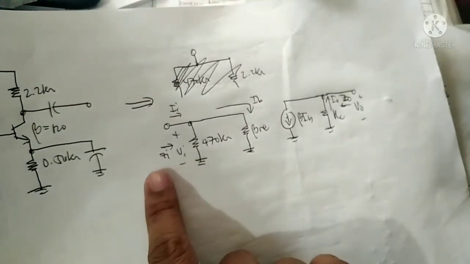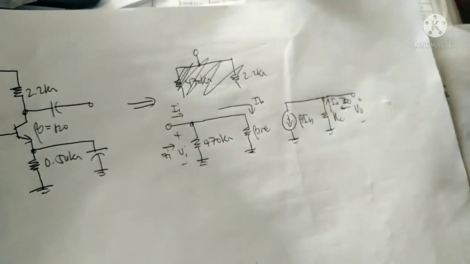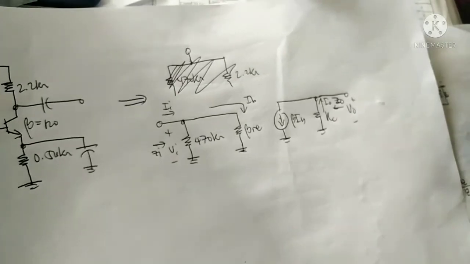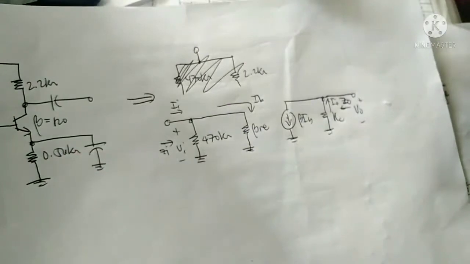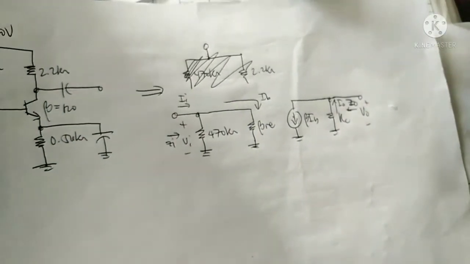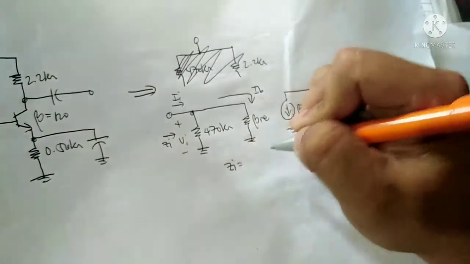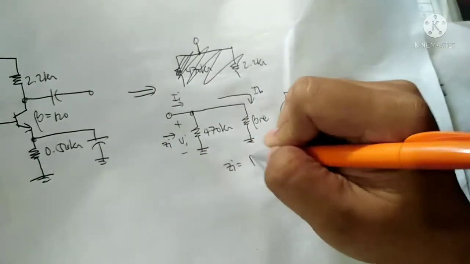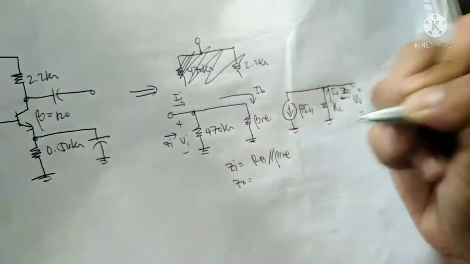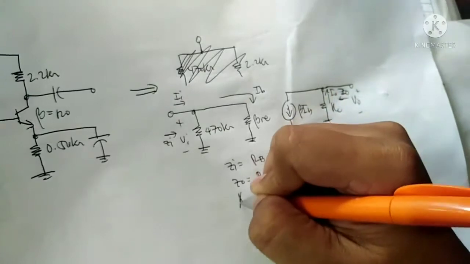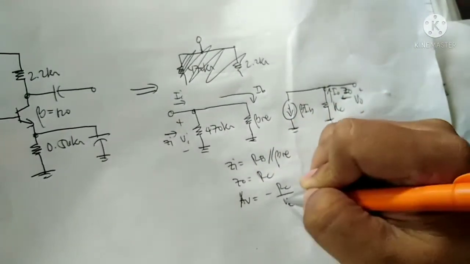So all of the formulas with the fixed bias configuration in the AC analysis, you can apply those formulas to the bypass emitter configuration. So the formulas will be ZI is equal to RB parallel beta RE, ZO is equal to RC, and the voltage gain is equal to negative RC over RE.